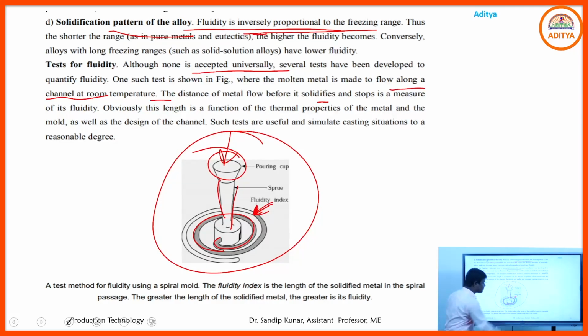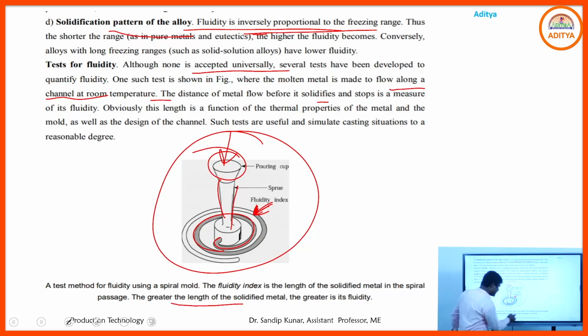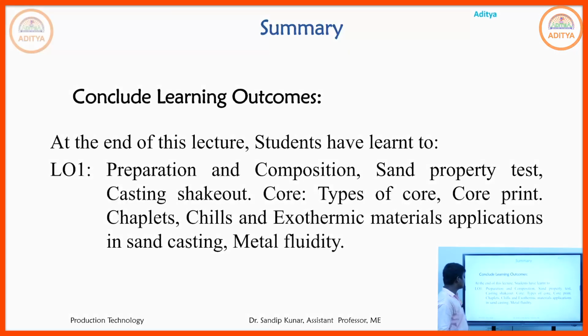After it stops at that point, we measure the distance, which is the fluidity of that molten metal. The greater the length of the solidified metal, the greater the fluidity of that molten metal.